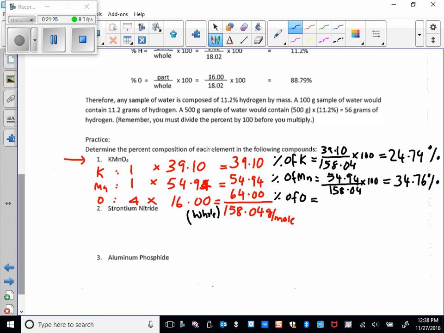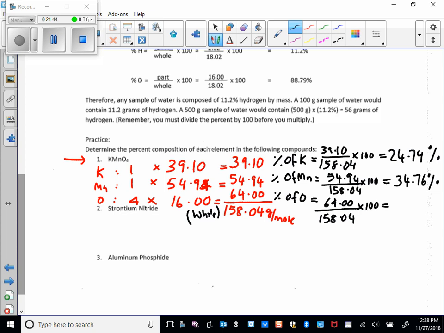Daniel, how do I calculate the percent of oxygen? You don't know. Okay. Bass, how do I calculate the percent of oxygen? So 64.00 divided by 158.04 times 100.